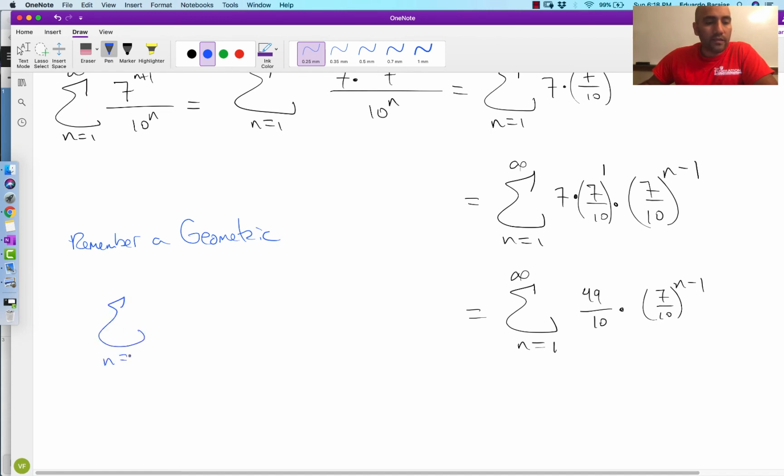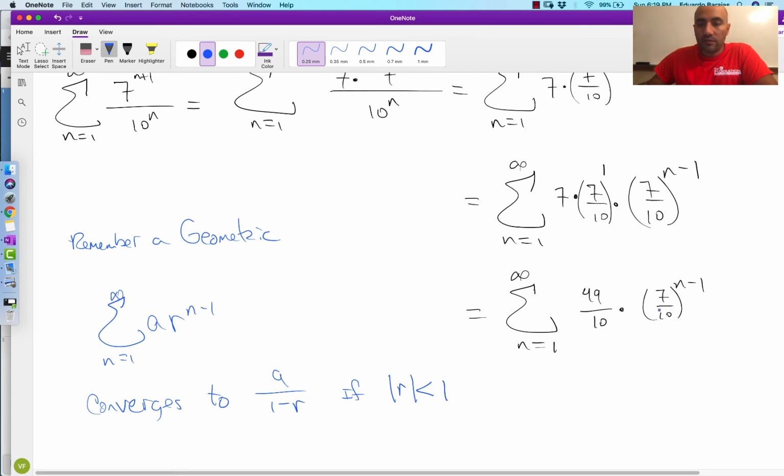The sum as n goes from 1 to infinity of some constant r to the power of n minus 1, like this. And we know it converges to a over 1 minus r if the absolute value of r is less than 1.